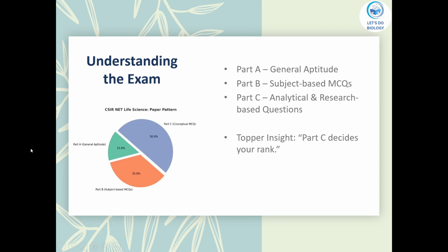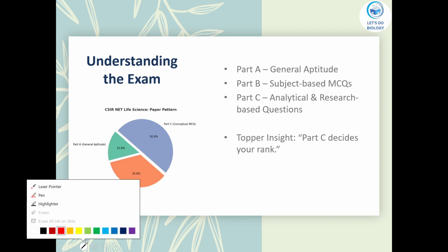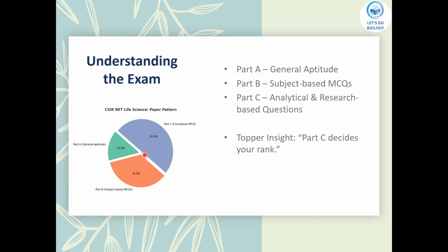Your first part, general aptitude, constitutes 15%, Part B, subject based, is 35%, and Part C is 50%. This paper pattern I have already discussed in one of my YouTube videos, which I will provide in the i button link, that you can watch if you want.